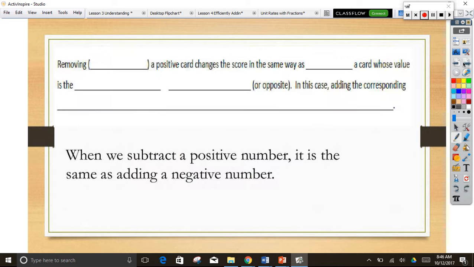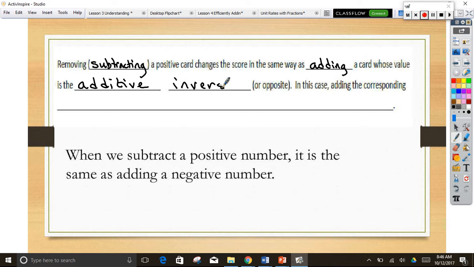So this big fill-in-the-blank thing, which I'm going to simplify for you: removing or subtracting a positive card changes the score in the same way as adding a card whose value is the additive inverse.